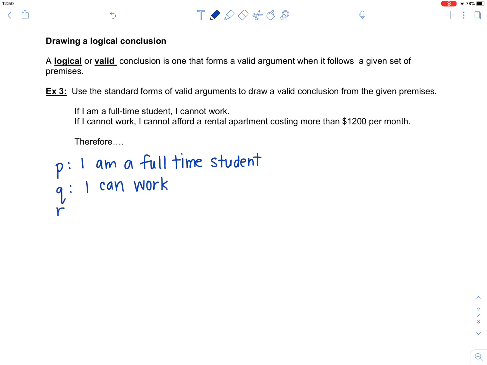We will let R be the statement, I can afford a rental apartment costing more than $1,200 per month.